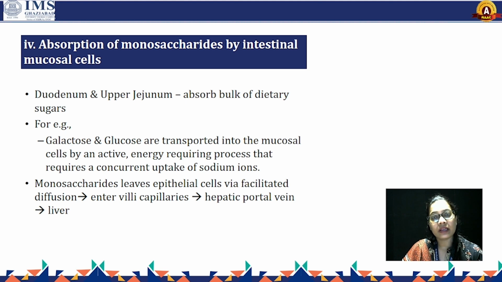Then they enter the villi capillaries, and from there they enter the hepatic portal vein, and from the hepatic portal vein they circulate to the liver, where these monosaccharide units are reserved in the form of glycogen. I will explain this process with the help of a diagram.